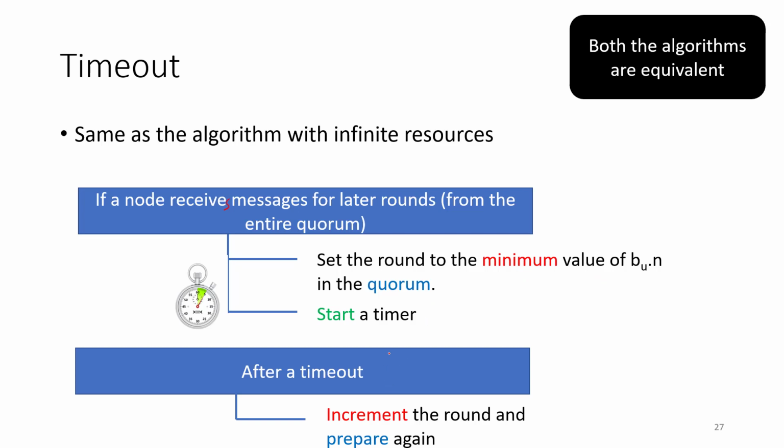After the timeout, you ensure that all the messages from this node have been received, then you increment the round and prepare again for a later round. So in the worst case, because liveness is not guaranteed, the rounds will keep on increasing till infinity, which is fine because the FLP result says that if we have faulty processes and because of that our algorithm is not converging, that's fine. It may go on forever.